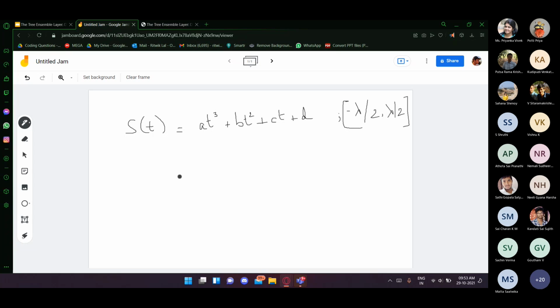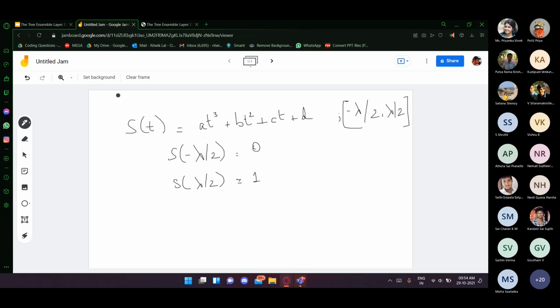And you remember how in linear algebra, we had to maximize or minimize a certain function. So we definitely had certain points at which the function will be minimum or maximum. Those points are called the critical points. And as per their research, they've come across the critical points to be a condition where at minus lambda by 2, the function would yield a 0. At lambda by 2, the function would yield a value of 1.